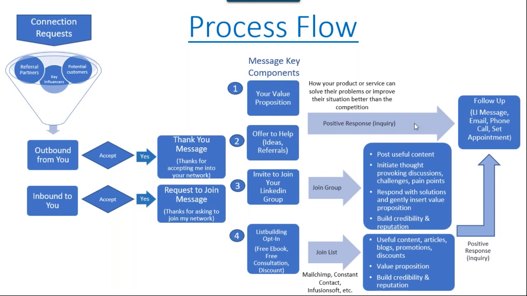The first thing that you want to have in that messaging is your value proposition: how you're of benefit to that person, how you benefit them by being part of their network, how your product or service can solve their problems or improve their situation better than the competition.